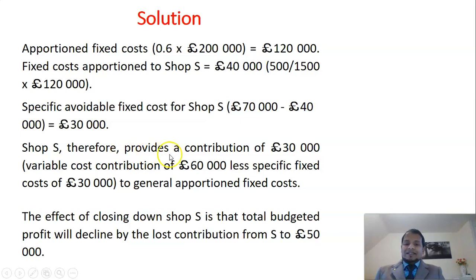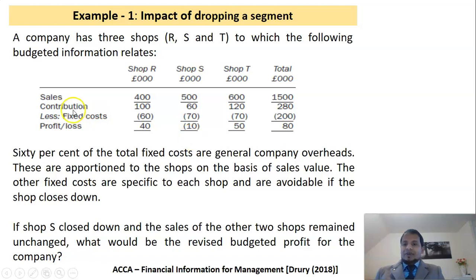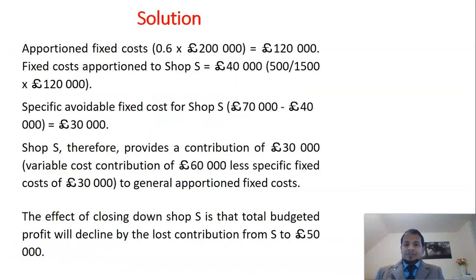So shop S therefore provides a contribution. What's the contribution of shop S? It is 60,000, and how much is the avoidable fixed cost? It is 30,000.